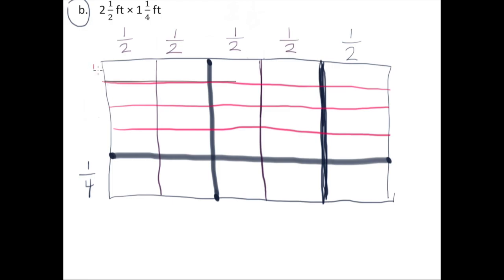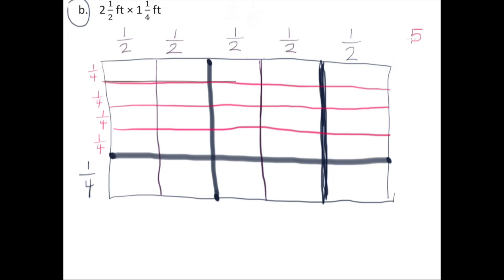We will label 1/4, 1/4, 1/4, and 1/4. Again, this is not proportional. Okay, so now we've rewritten 2 1/2 and 1 1/4. So 2 1/2 up here, we've rewritten as 1, 2, 3, 4, 5 halves.